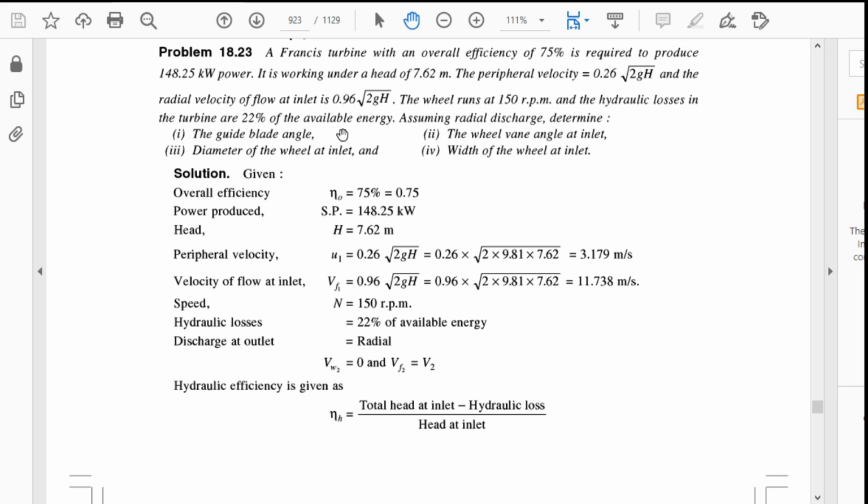So alpha, theta, D1, B1, these are the values which you have to find out. Now in this problem, the turbine is a Francis turbine with an overall efficiency of 75%. So eta O is 75%.